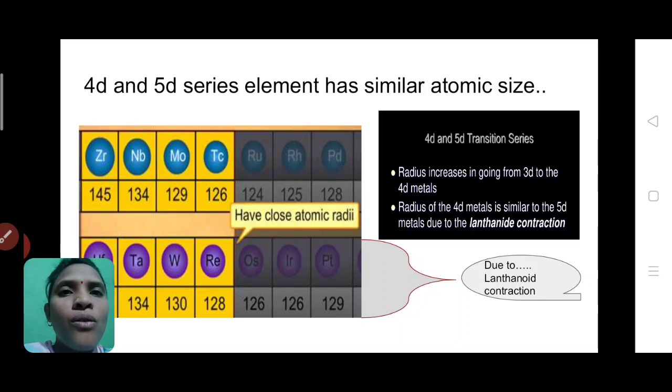So in case of 4D and 5D series, all the 10 elements of each series have similar atomic size.